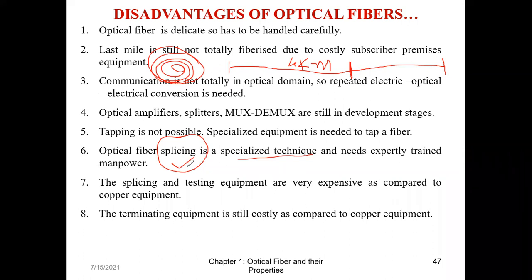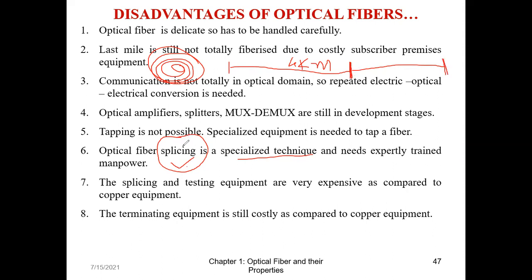On the road you must have seen many people digging and joining wires. They sit with a small black splicing machine. They bring those two fibers, there are many adjustment settings, and then they join the fiber and check the loss, because remember, every connection or joint will induce some loss.